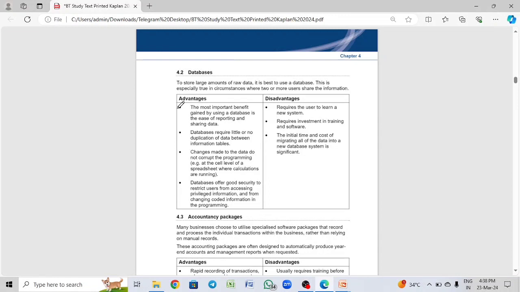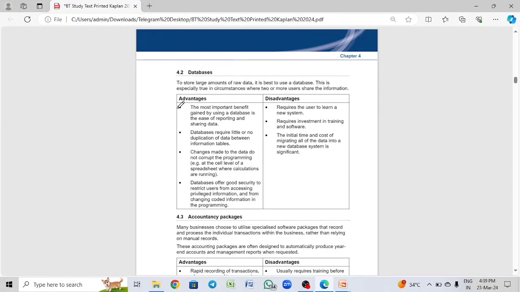The same type of information is shared. Databases require little or no duplication of data. Like in Excel, we have to copy files from one place to another, but databases do not need such duplication. Changes made to data do not corrupt the program.